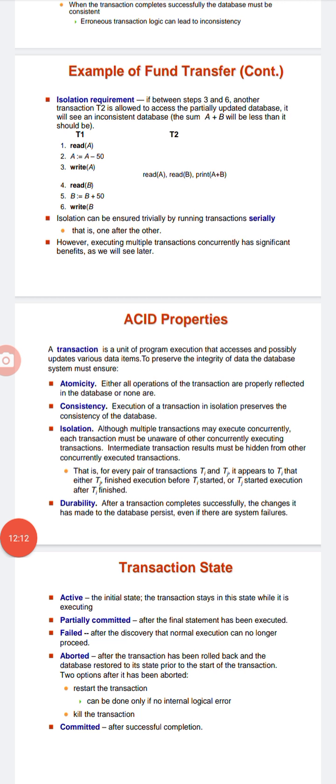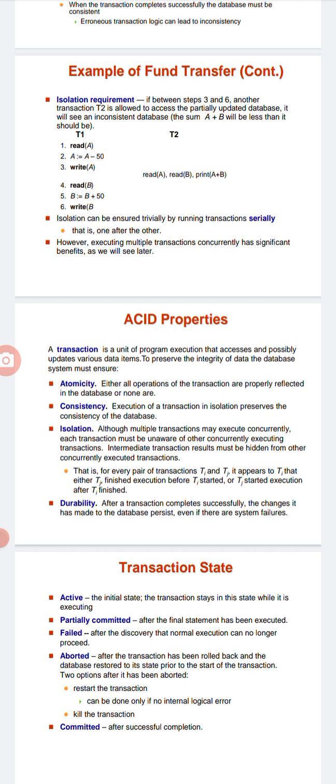If all instructions are not executed, then we get the failed state. Aborted. After the transaction has been rolled back and the database restored to its state prior to the start of the transaction. Two options after it has been aborted.